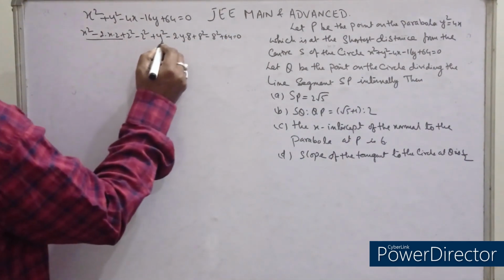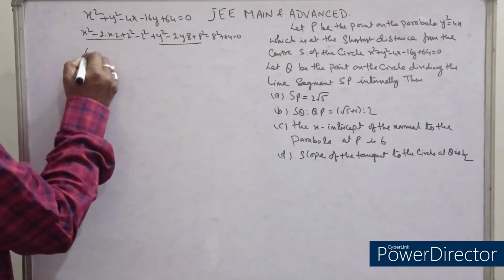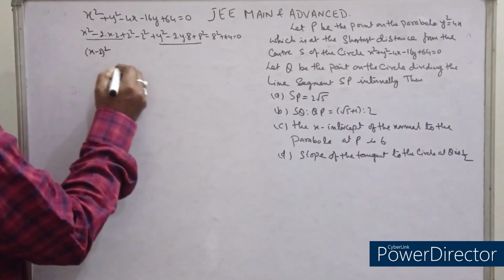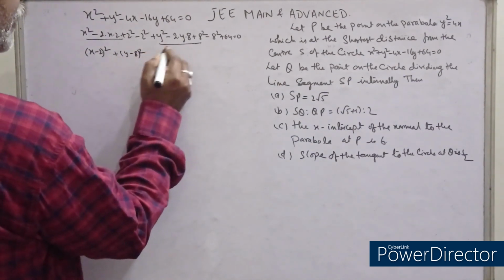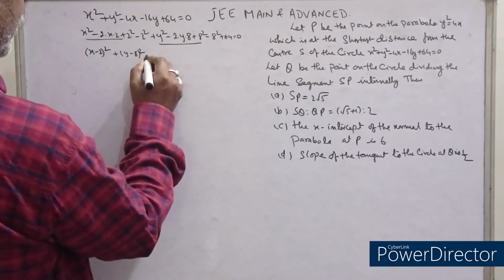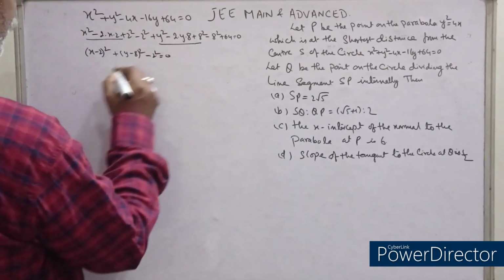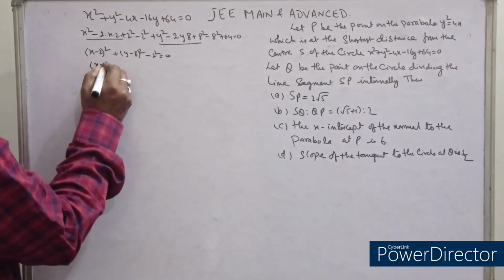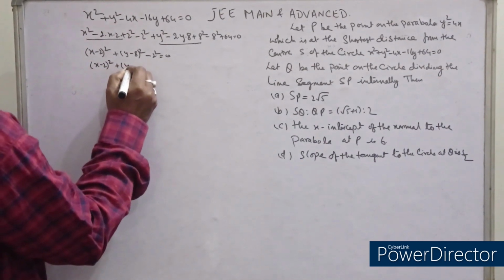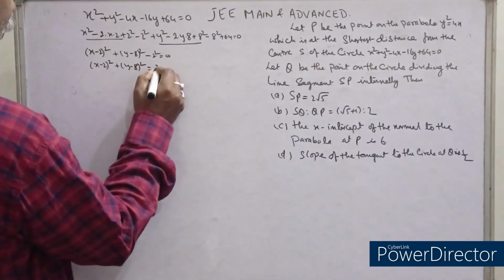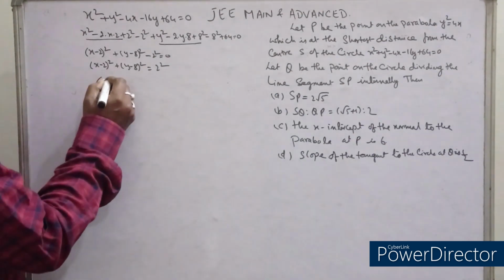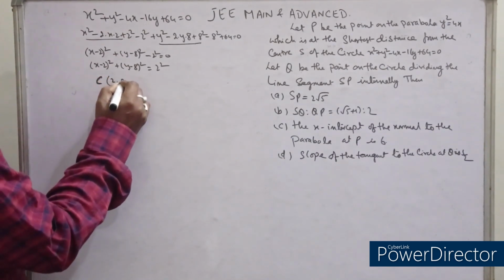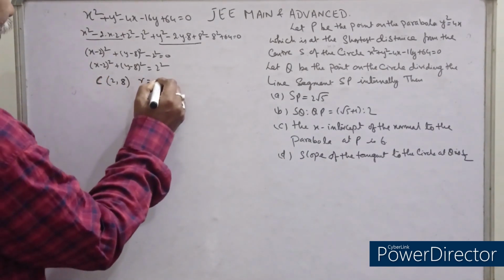So this becomes x minus 2 the whole square, and y minus 8 the whole square. 64 cancels out, so this is minus 2 square is equal to 0. So x minus 2 the whole square plus y minus 8 the whole square is equal to 2 square. So from this we see that the coordinate of the center is 2, 8 and your radius is 2.